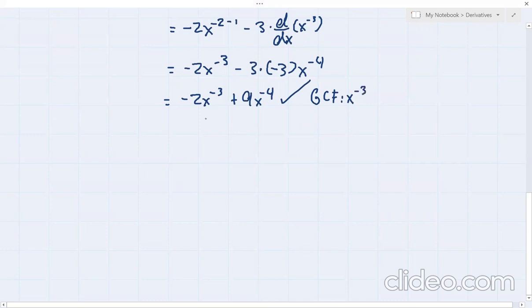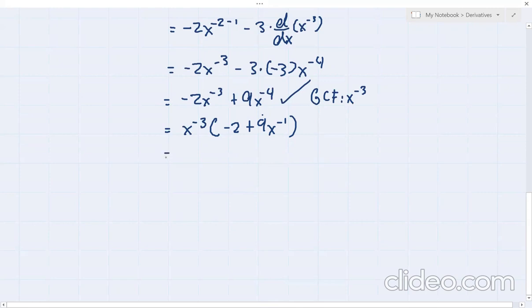So therefore, we have x raised to negative 3 times quantity negative 2 plus 9x raised to negative 1. Okay? Ganun lang yun. Or, kung sa tingin nyo parang it doesn't look good enough, mas maganda kung may negative si 9 at itong si 2 maging positive, pwede rin.